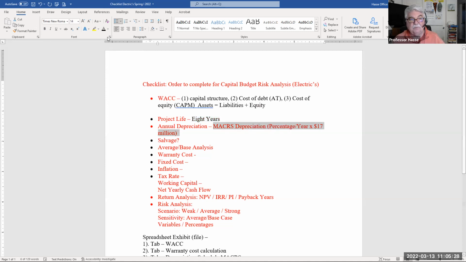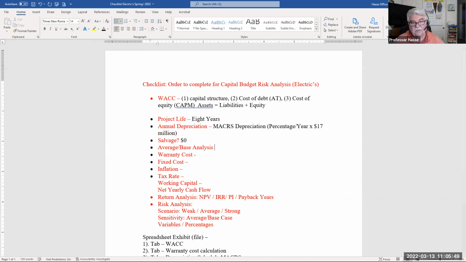Salvage value. Is there a salvage value in this case? And the answer is no. 0 salvage value. So we do not have to worry about salvage value or disposal value in year 8 of this project. No salvage. All right.